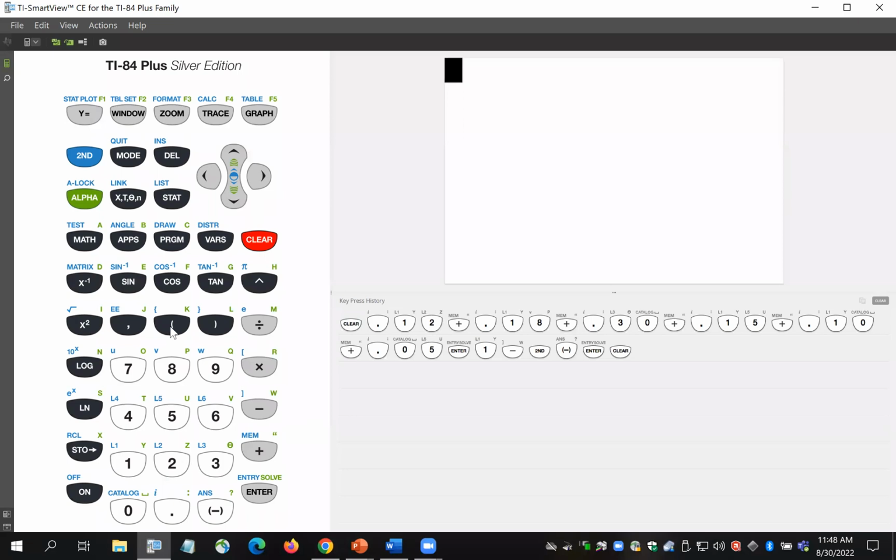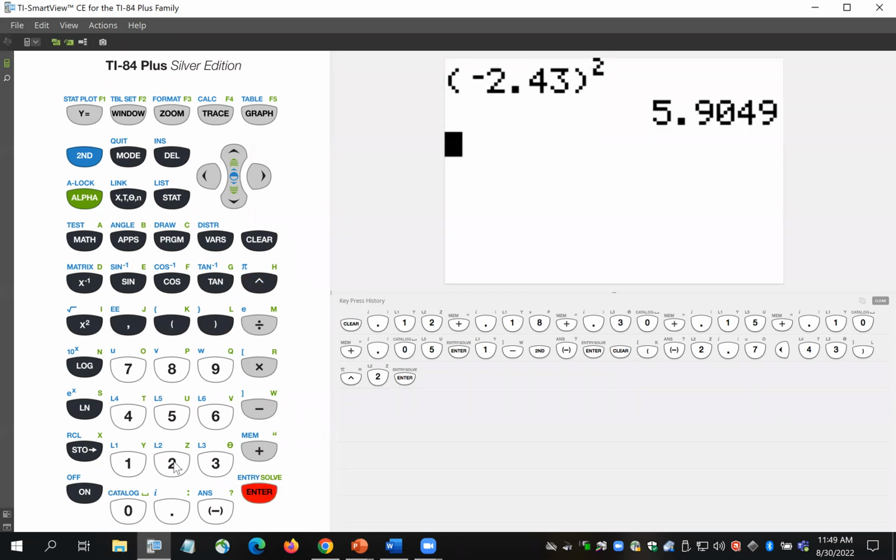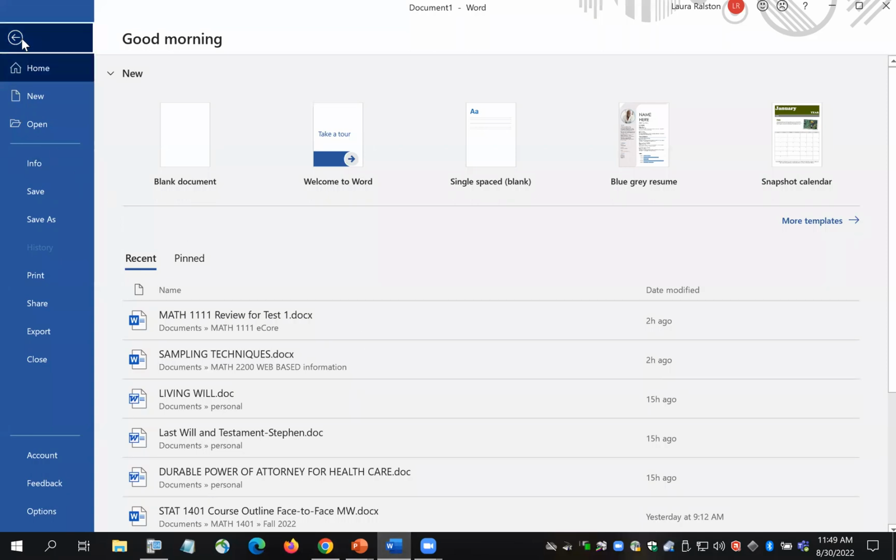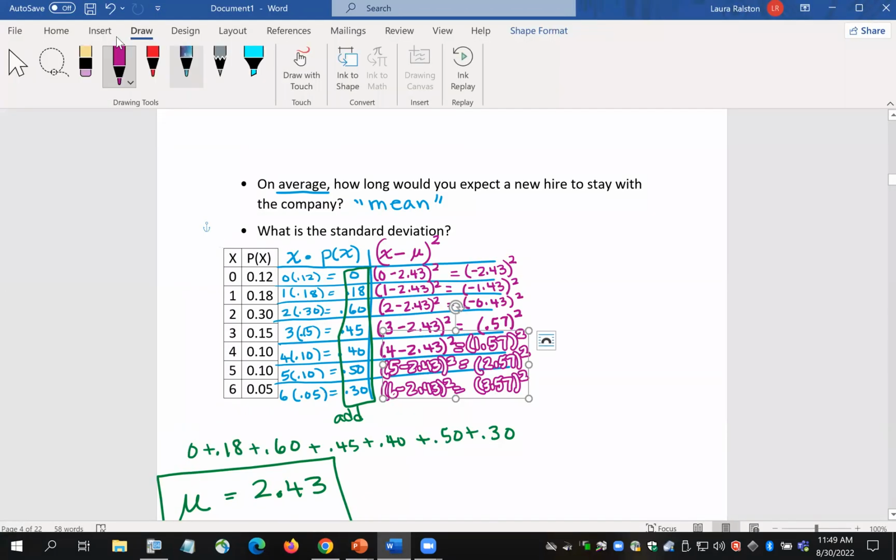So let's see, negative 2.43 squared. Did you get 5.9049? Yes. Okay, and so that gives us that number. And again, for some reason, my tablet has quit letting me draw. Oh, there it is. It's back again. Now it's not back.